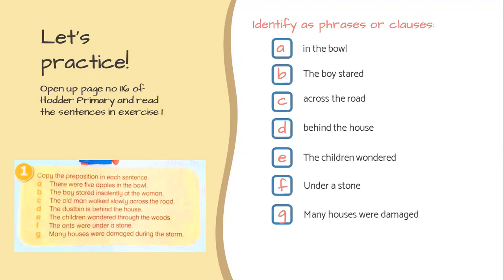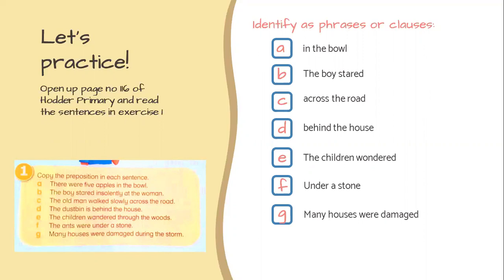These are the parts that I've picked out. Now your task is to identify them as phrases or clauses. I'm going to give you the answer right now, so you can just take some time, pause the video, and have this done on a rough sheet with you.